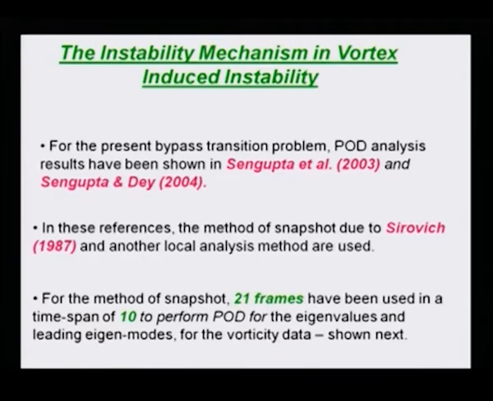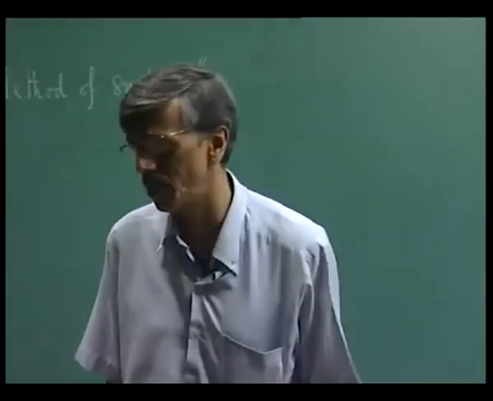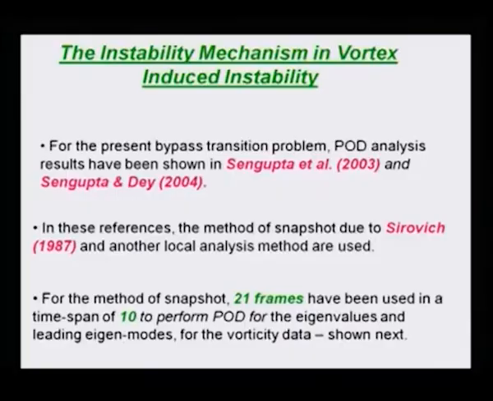For example, for vortex induced instability, we have shown it in this fast track paper in JFM 2003, and there was this conference cum journal paper in 2004, where we showed how we can use POD for bypass transition and try to capture those coherent vortices and characterize them.